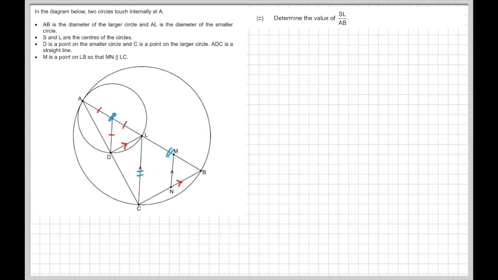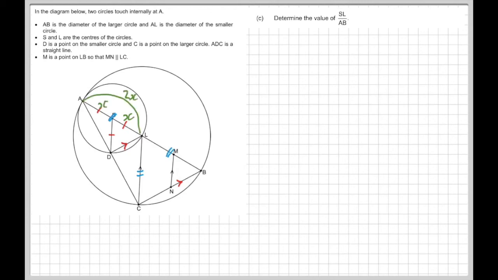The question is, determine the value of SL over AB. Whenever an examiner asks me a ratio like this, I like to bring in X's and Y's. So let's bring in an X for SL.